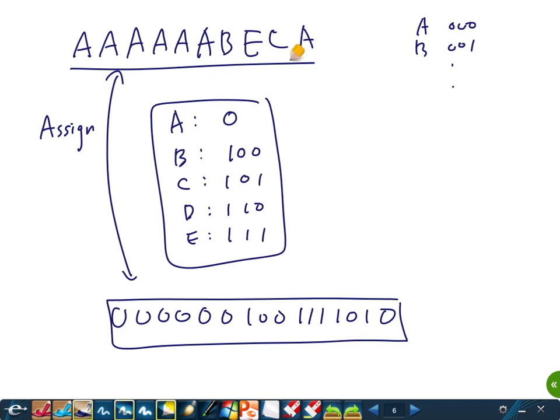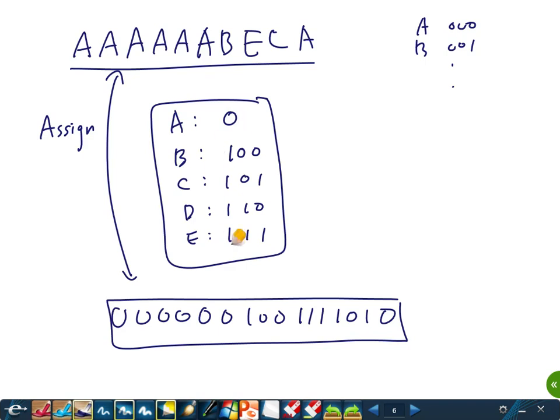Notice that the coding system, the assignment of these letters, must be in such a way that we can really recover the original letters. Otherwise, it's useless, right? But in this case, if you use this coding system, you can always recover the letters. Because A is the only letter starting with 0.